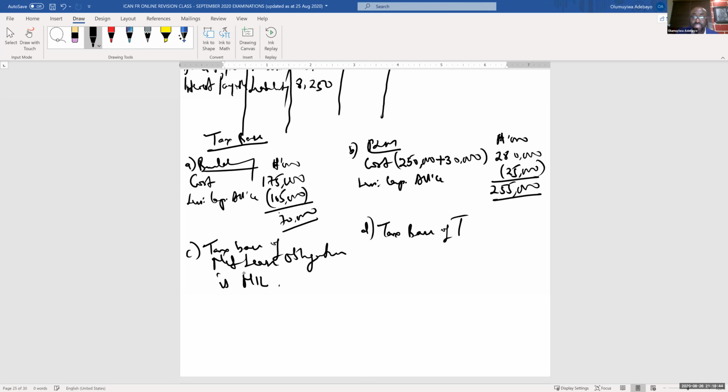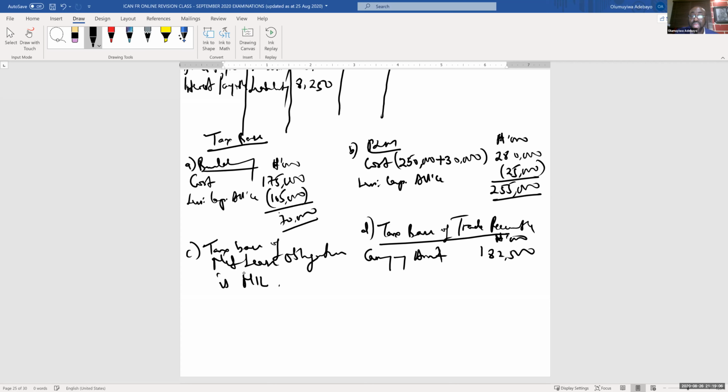Which then implies that to determine the tax base of trade receivable, you need to determine what is the carrying amount. What is the carrying amount of receivable? It was what? The carrying amount? 182,500.